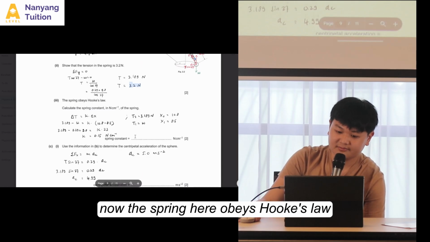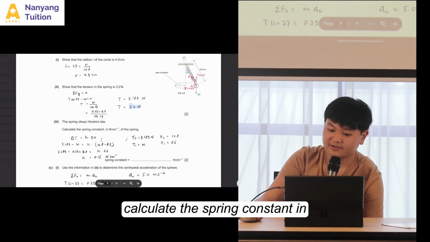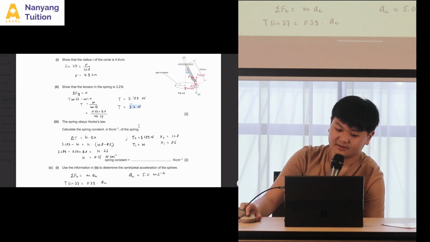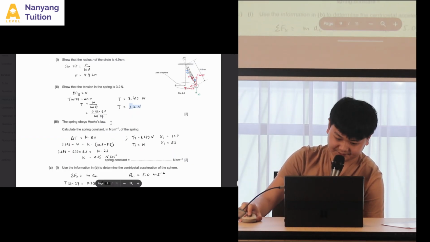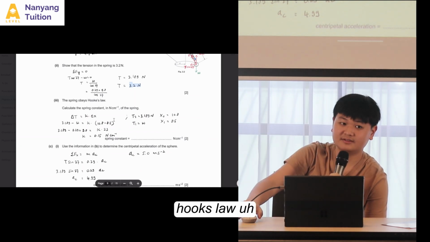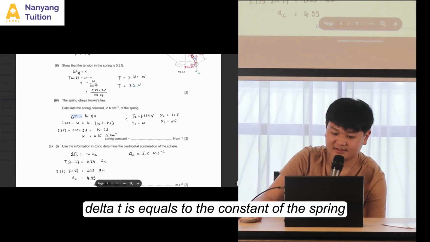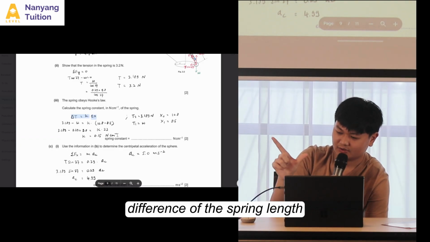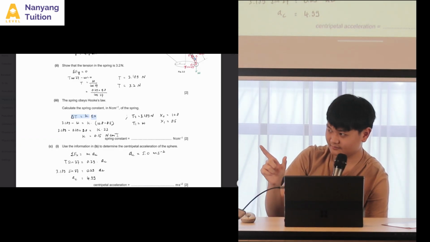Now, the spring here obeys Hooke's law. Calculate the spring constant in newtons per centimeter of the spring. So, Hooke's law, basically delta T is equal to the constant of the spring times the difference of the spring length.